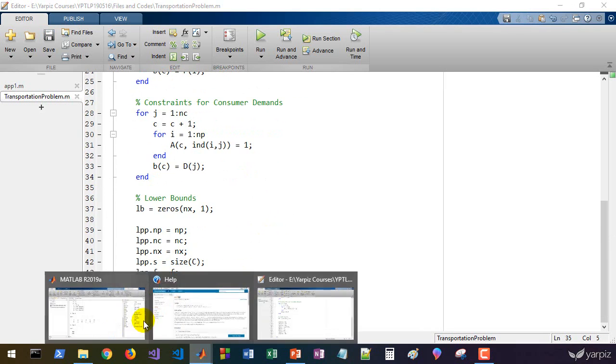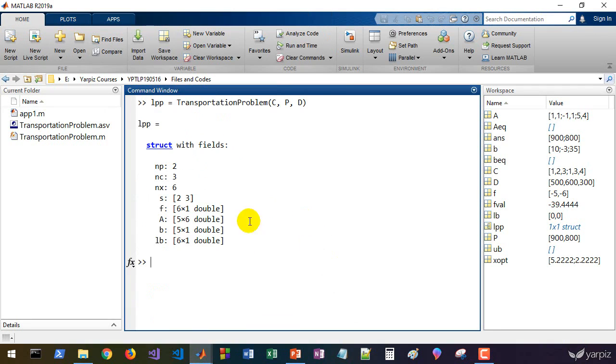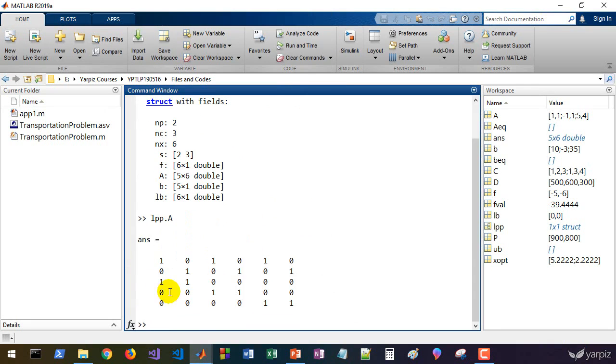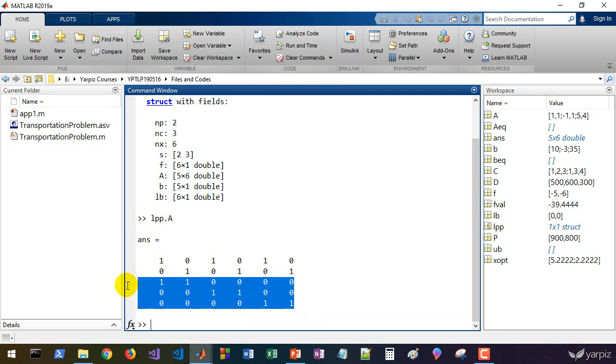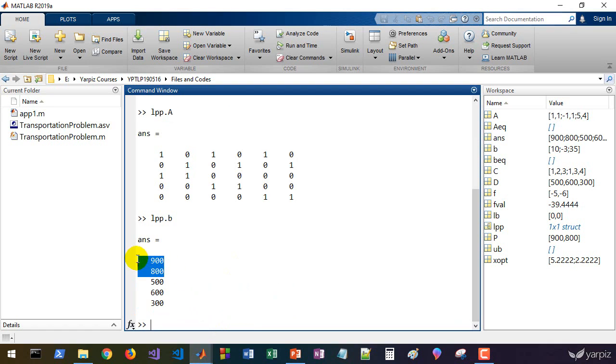And if you run and call the function, you'll see that lpp.a will give you 2 production capacity constraints and 3 consumer demand constraints, and lpp.b equals to our production capacity amount, and this is our demands.